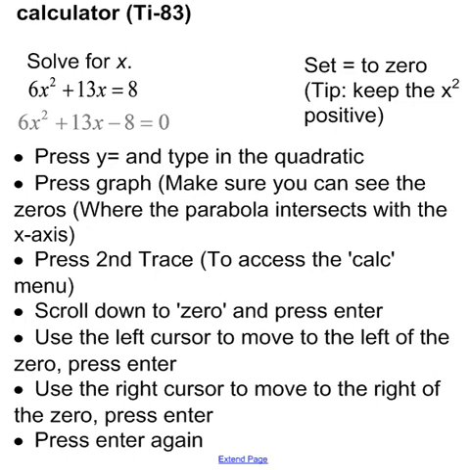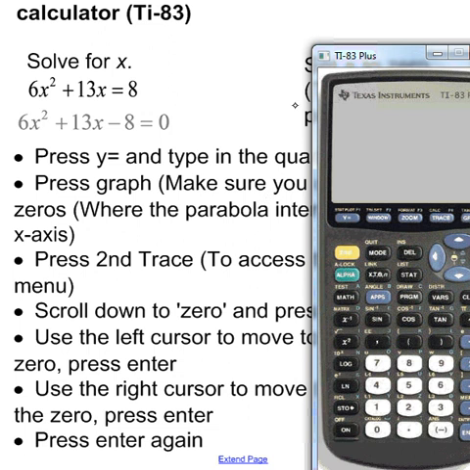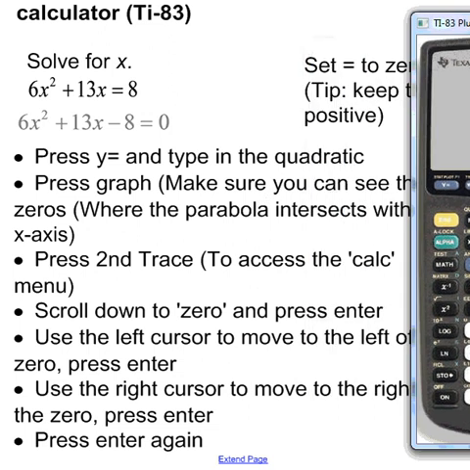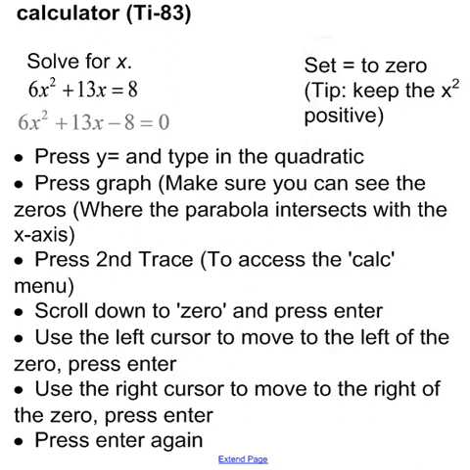So it says, press y equals and type in the quadratic. So press y equals, type in the quadratic. So we got 6x squared plus 13x minus 8.